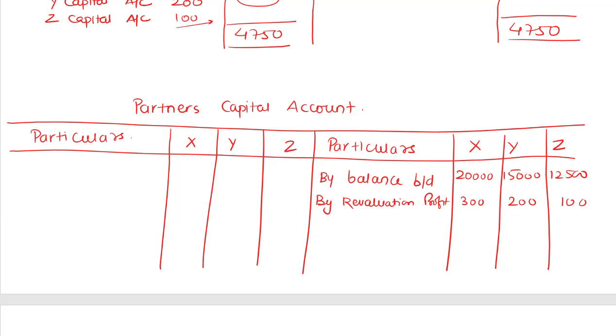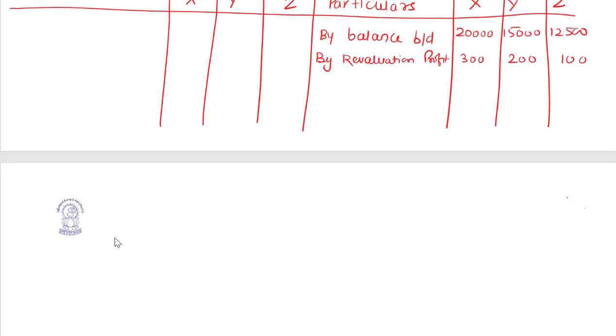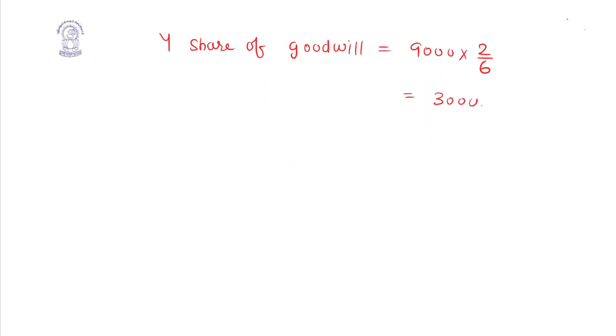This is to be distributed between X and Z. This 3,000 should be distributed in the gaining ratio.